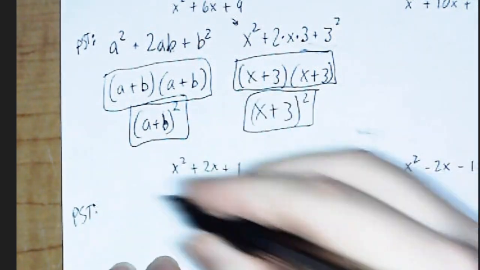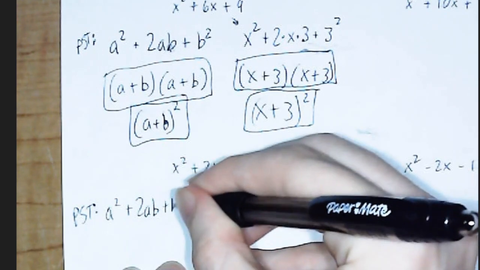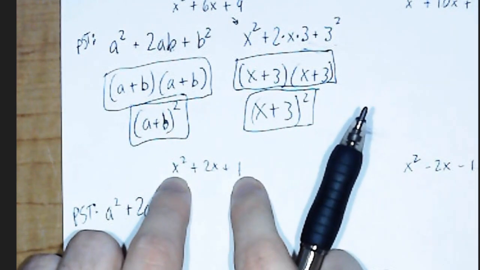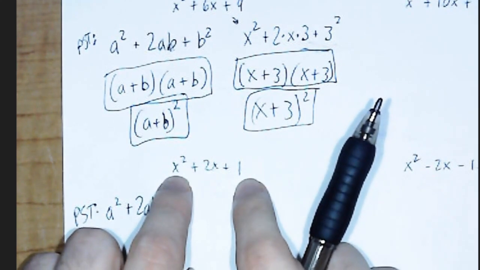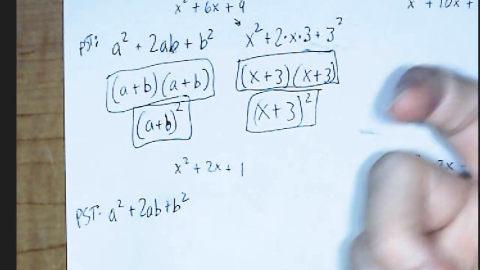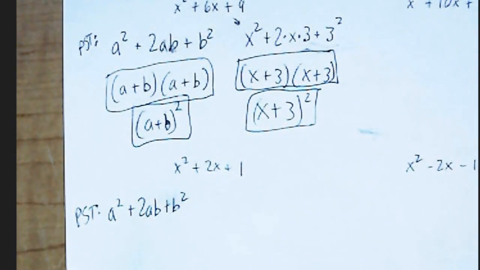All perfect square trinomials can be written as a squared plus 2ab plus b squared. So we have two perfect squares on the outside. That's good. A in this case is going to be x. B in this case is going to be 1 because 1 squared is 1. And so when we take the product of them, we're going to get 1 times x. And when we double it, we do in fact get 2x.